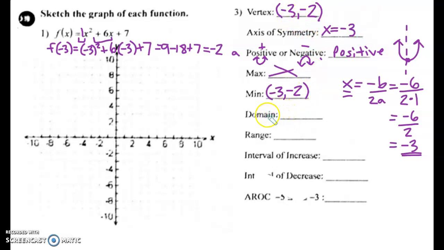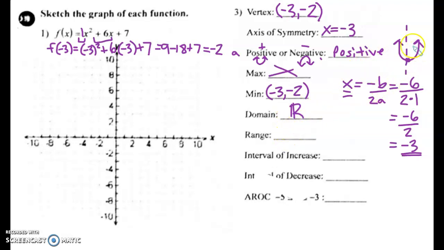Now, domain. Remember, domain is, can I box in this graph from the left side, and can I box it in the right side? Well, this is kind of angled to the left, and this is kind of angled to the right. So your box would have to keep growing bigger and bigger and wider forever. So this is going to be all real numbers for domain.